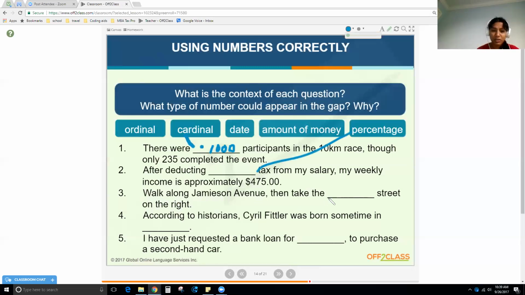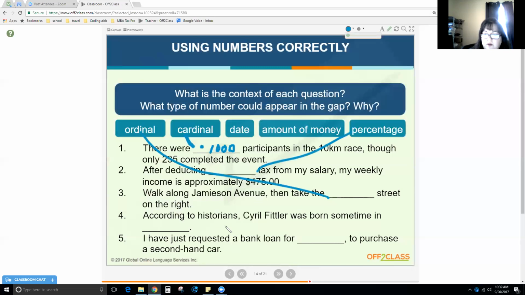It will be ordinal number. Ordinal. Okay, good. Okay, according to historians, Cyril Fittler was born sometime in? Date, 1980s, 1930s. Sure. Okay, I've just requested a bank loan for blank to purchase a secondhand car. $20,000, so amount of money. Good. Okay.